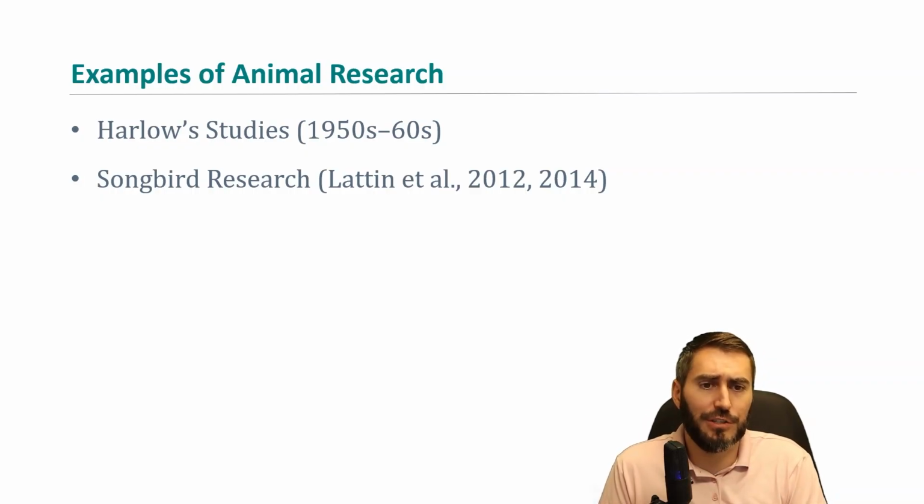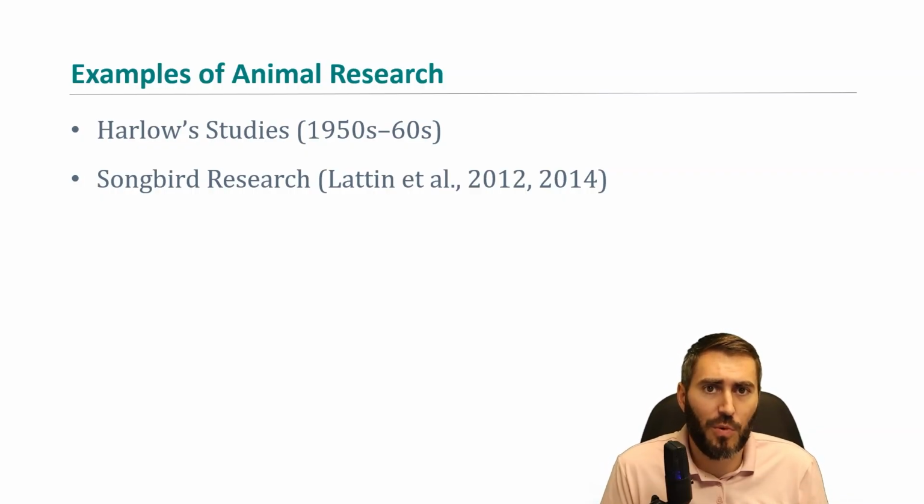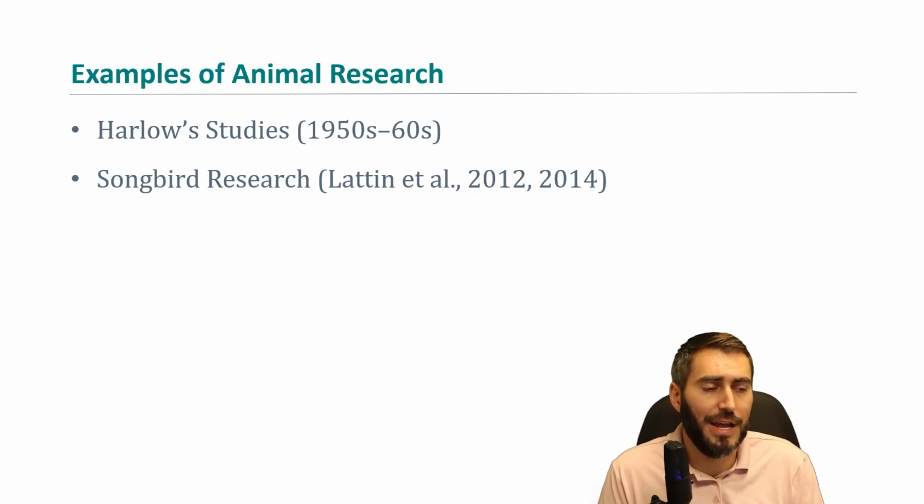The songbird research is really interesting too, because when we look at researchers that study songbirds in the wild or capture songbirds to study, these are protected populations specifically, and we look to make sure that they are taken care of, that they are not being overly captured or overly taken in, that they are released, and that this is done in as much of an ethical way as possible. And this is something we've seen develop and change over time.